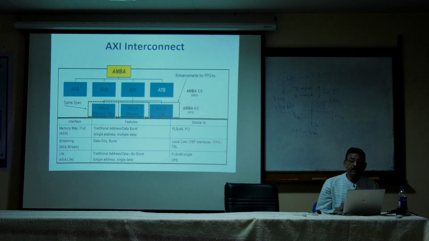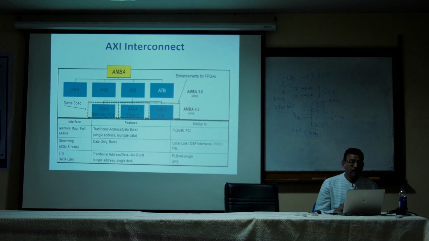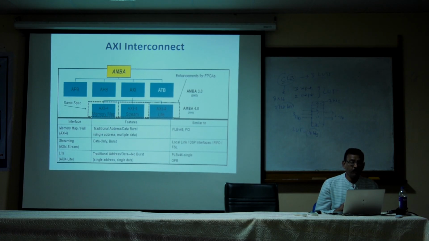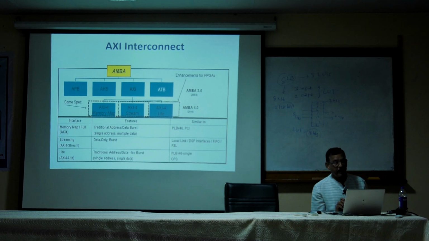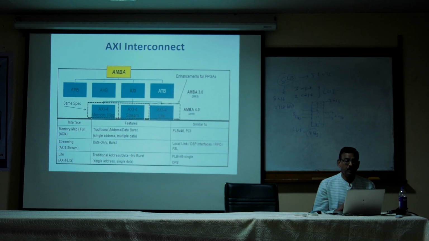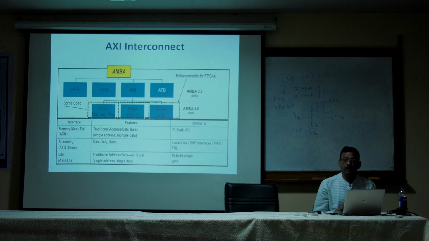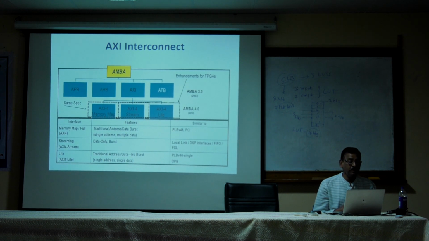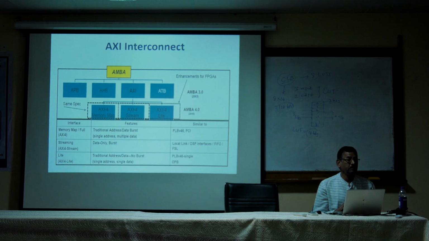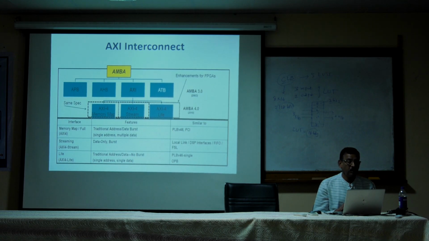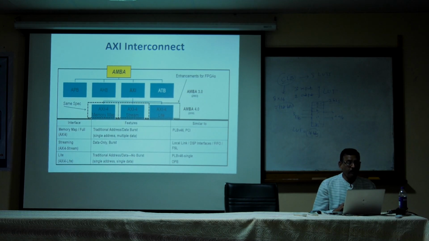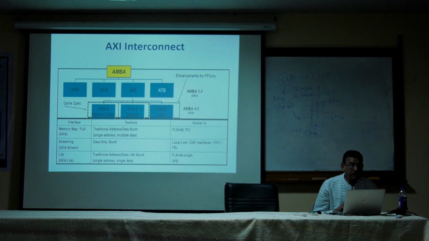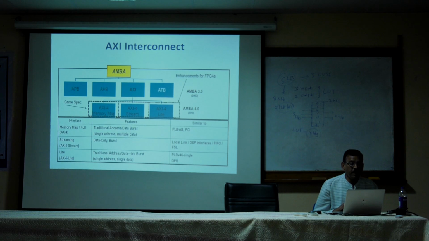This AXI is again divided into subcategories: AXI4 memory map, AXI4 stream, AXI4 Lite. These are the 3 subcategories of AXI, that is AMBA 4.0. AMBA 3.0 has these categories: APB, AHB, AXI. Okay. If you see the difference, AXI4 memory map, full, is traditional address data burst, single address multiple data.